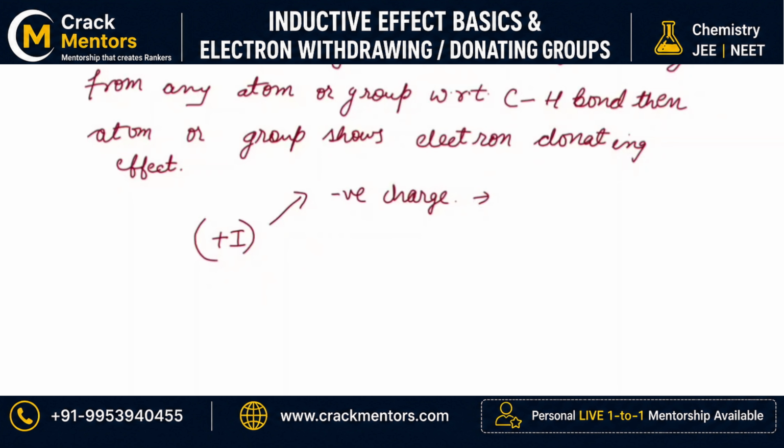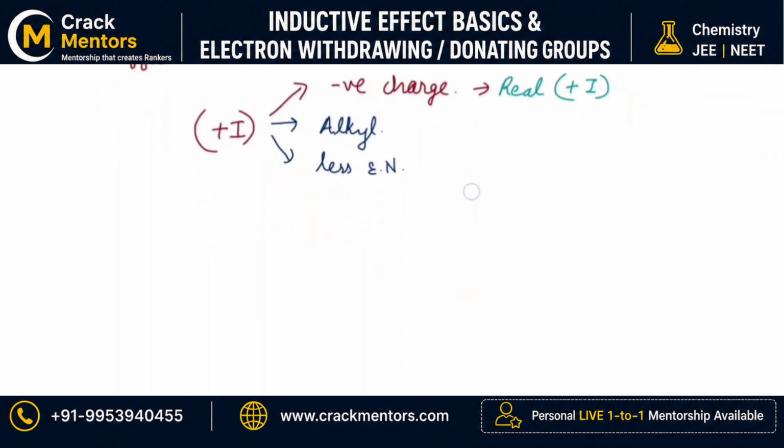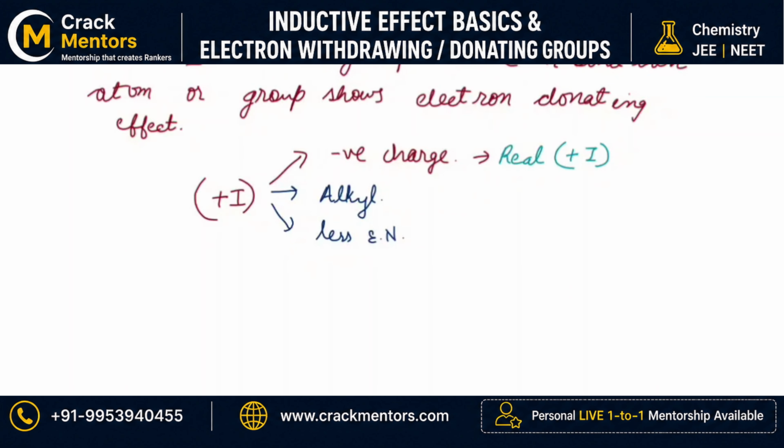Even in fact it is said that it is real +I, means it is giving its negative charge. If something alkyl is attached, alkyls also donate its electron, okay. If less electronegative atom is attached to the carbon, it is also electron donating, okay. So this was all about electron donating things.